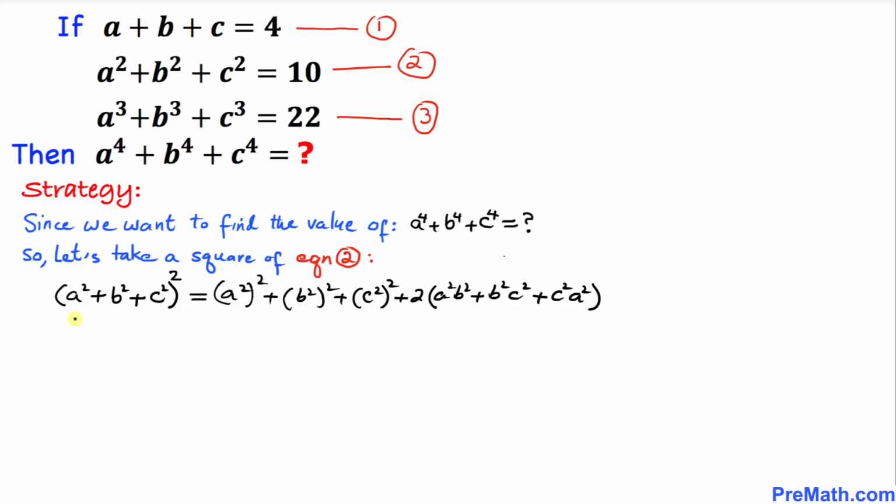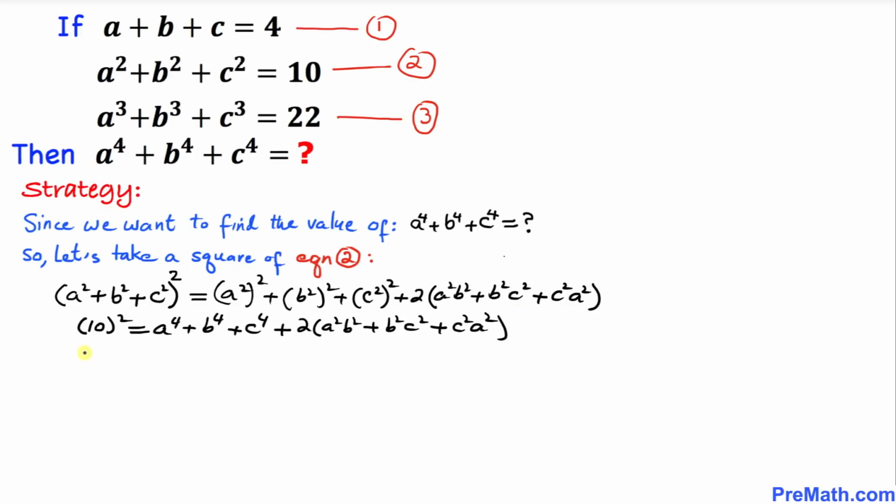And we know on the left hand side the value of a square plus b square plus c square is 10. So this is going to become 10 square. And on the right hand side we use the rules of exponent. So that's going to give us a power 4 plus b power 4 plus c power 4 plus 2 times a square b square plus b square c square plus c square a square.